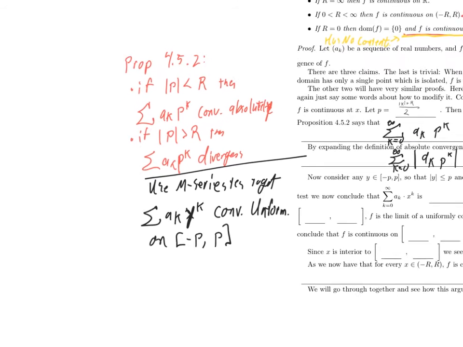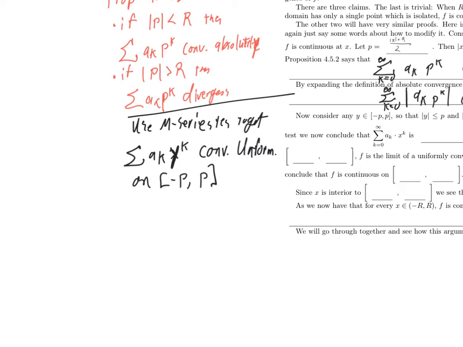If I can do that, then the series itself will be defined and will be the uniform limit of a sequence of continuous functions. Why continuous? Well, if I stop at n, then this is a degree n polynomial, which is continuous. So this thing will be a uniform limit of a sequence of continuous functions. Such things are continuous. That'll give continuity from negative p to positive p.